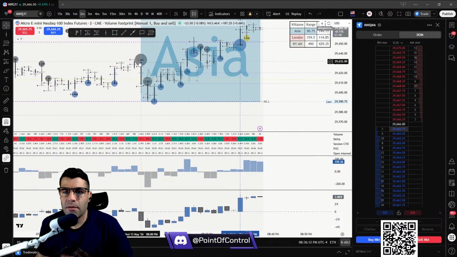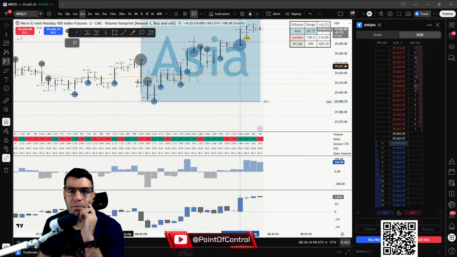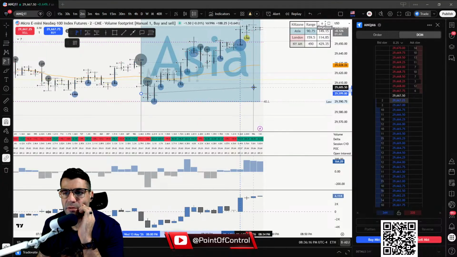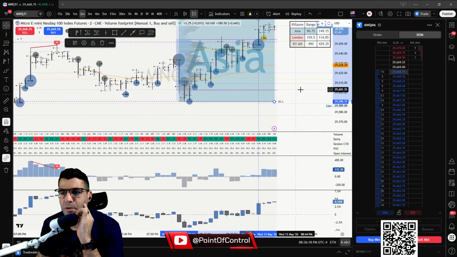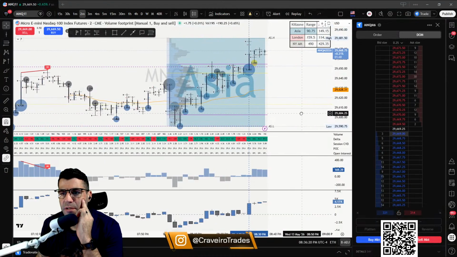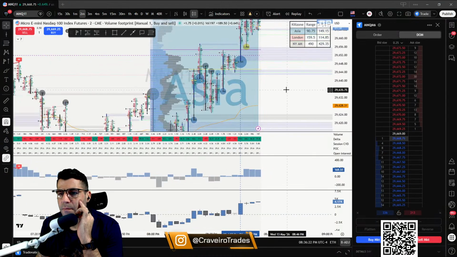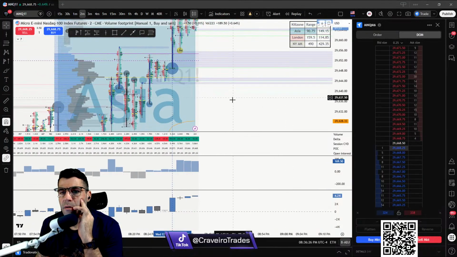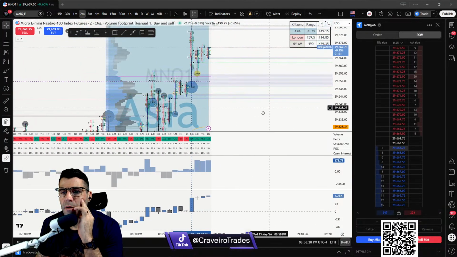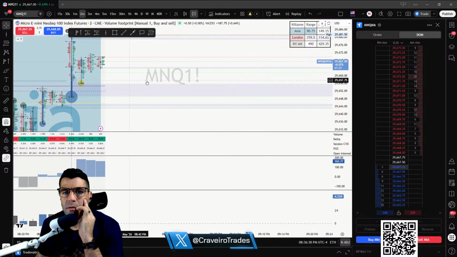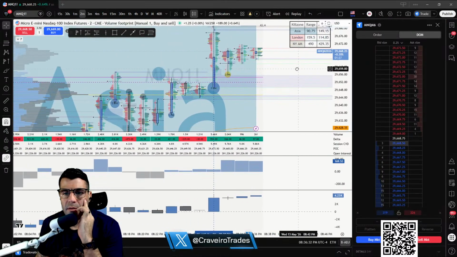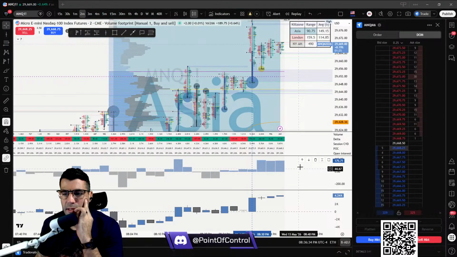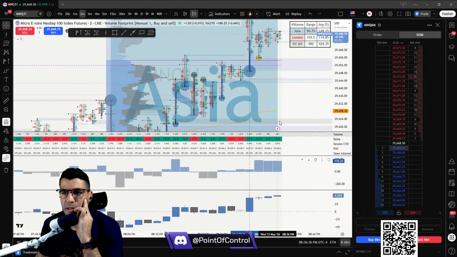We have reached down. Let me put a session volume profile. I like to combine a daily profile with a session volume profile. Currently, let's see, take a look at this cumulative volume delta chart, right?